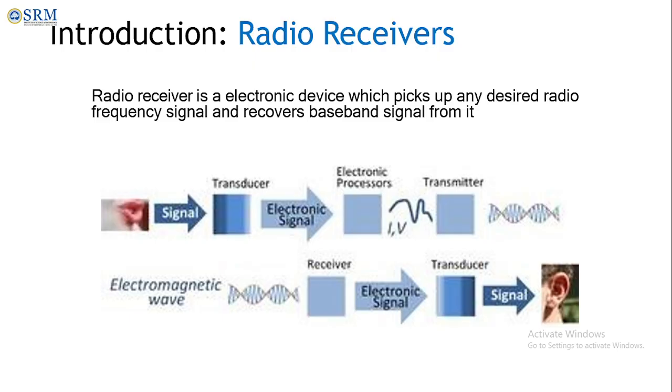A radio receiver is an electronic device which picks up any desired radio frequency signals and recovers the baseband signal from it.